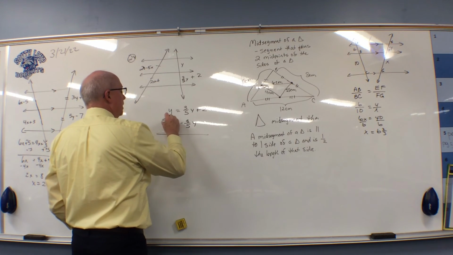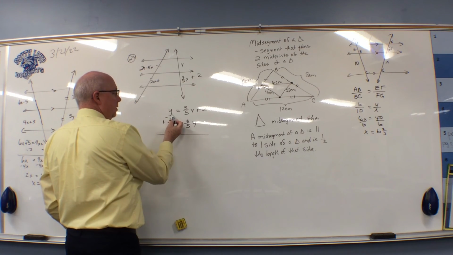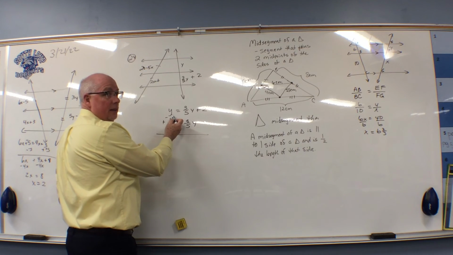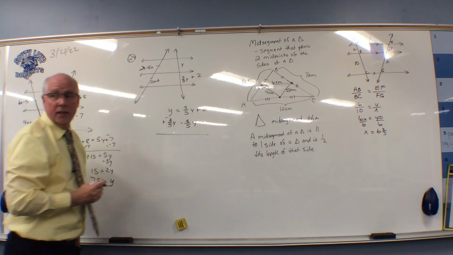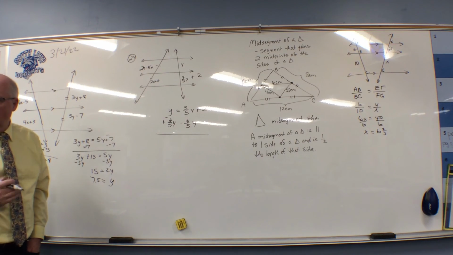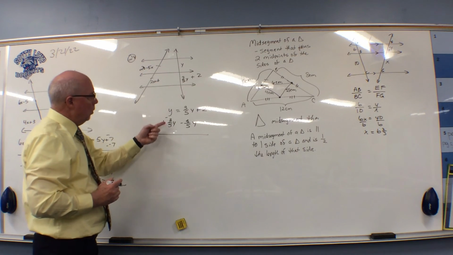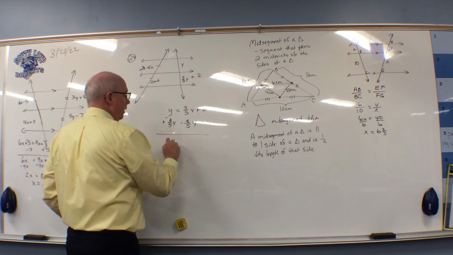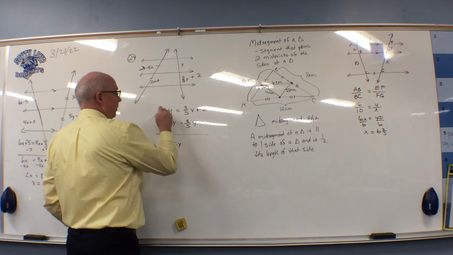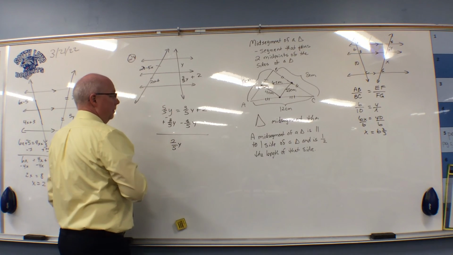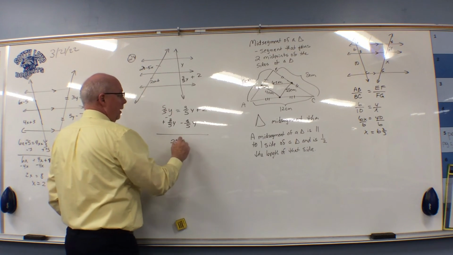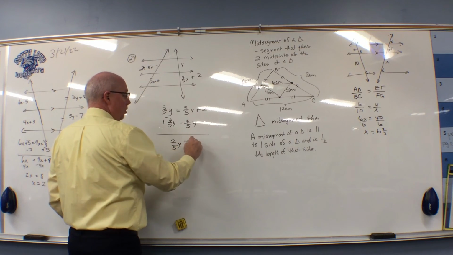You guys realize that this is 5/5 y, right? Because I get a common denominator, 5/5 y is 1 y. So 5/5 y minus 3/5 y is 2/5 y. And this is 2.